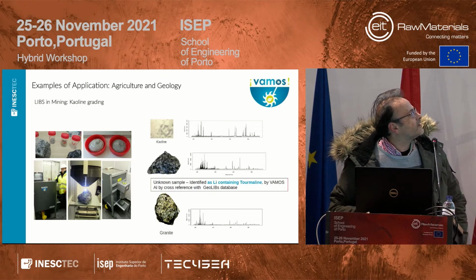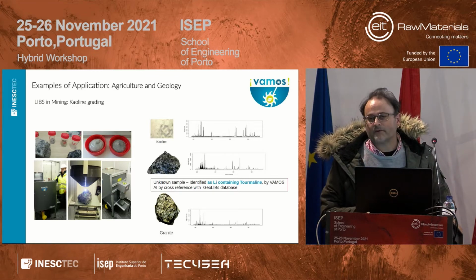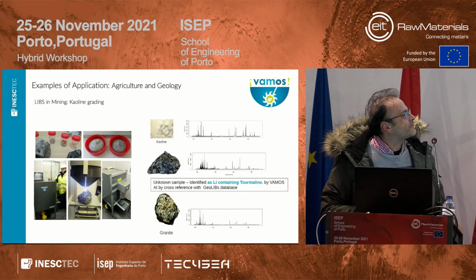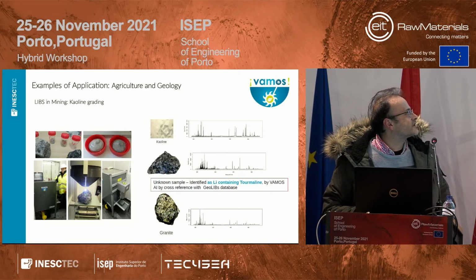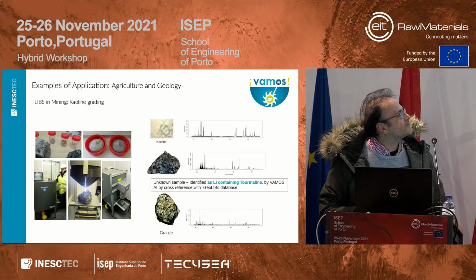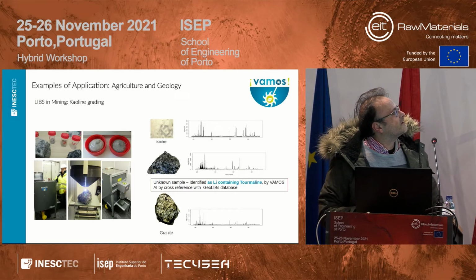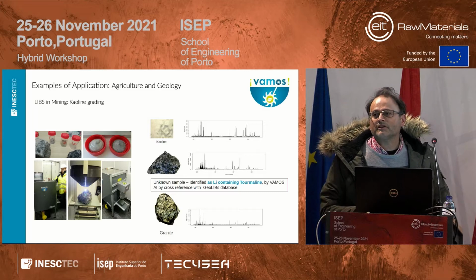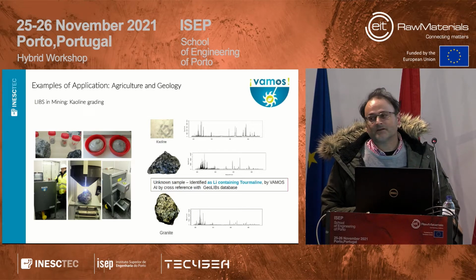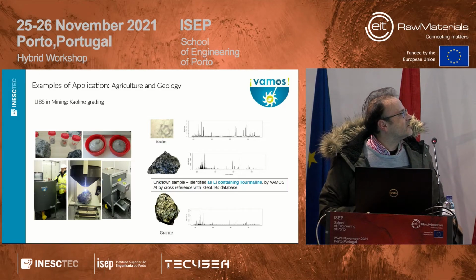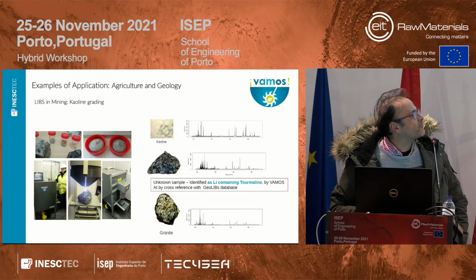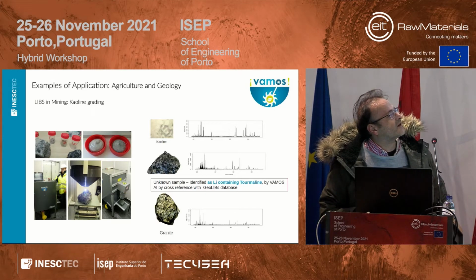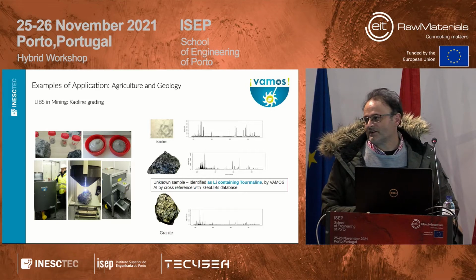But as we had also a library of minerals, we were able, for example, to discover an unknown sample, this black rock, that was identified by our library first as a tourmaline containing lithium. And this was a surprise, but also afterwards confirmed by the geologists.